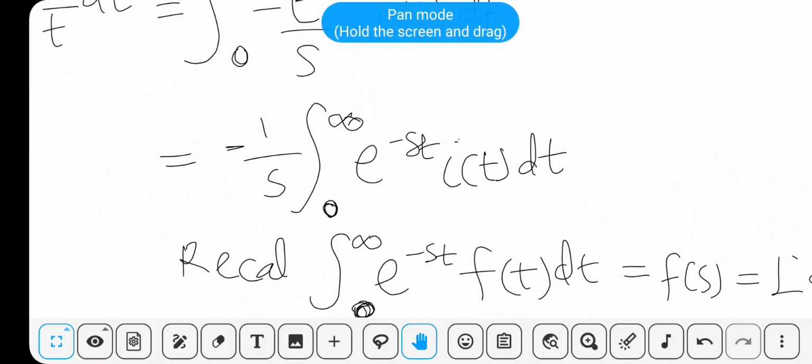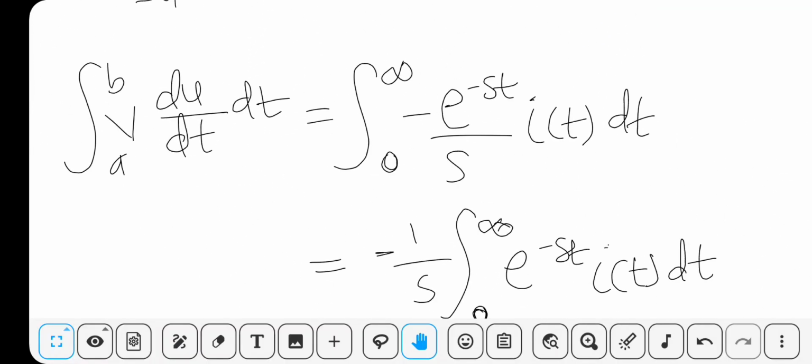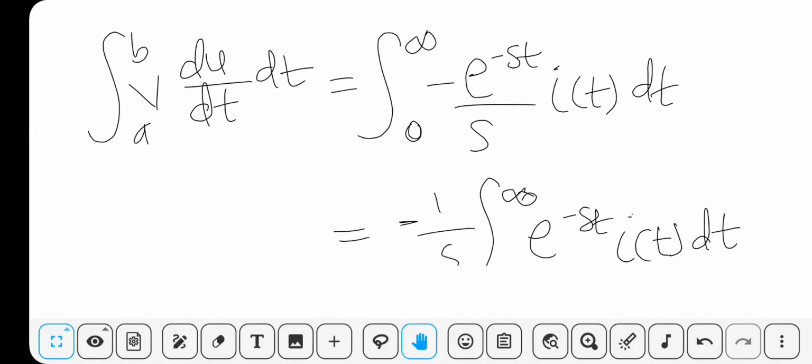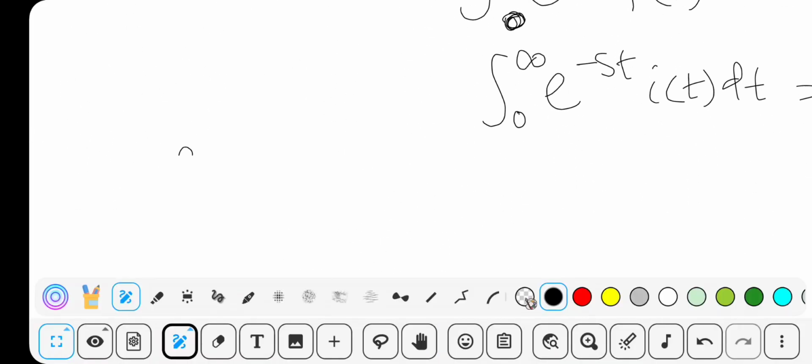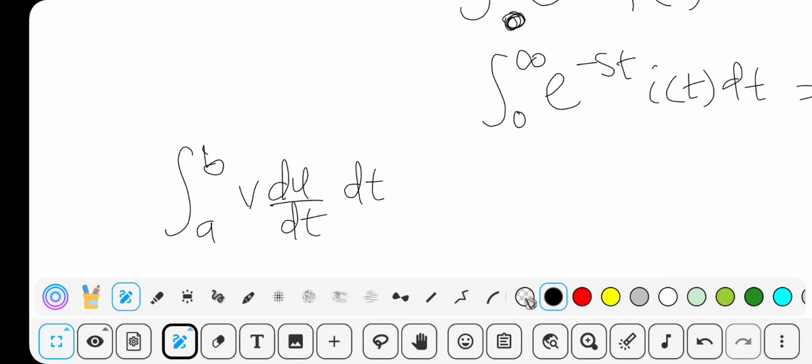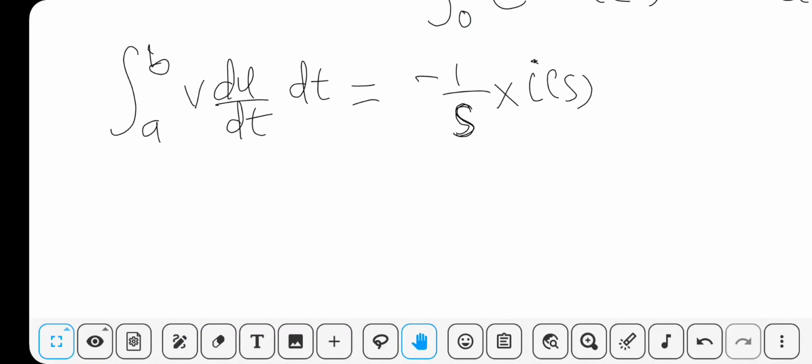So if you substitute it into this, we are going to have the integral from a to b of v du/dt dt equal to minus 1 over s times I(s). In place of that integral, this is the value of that integral.